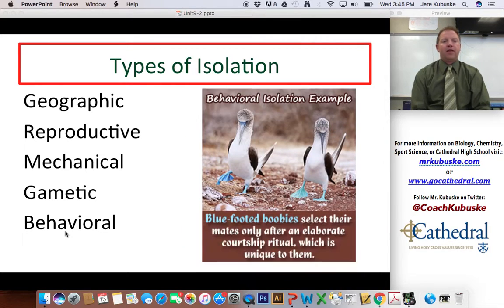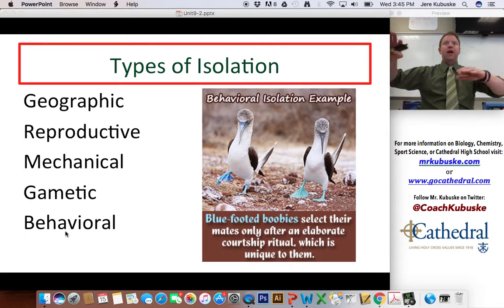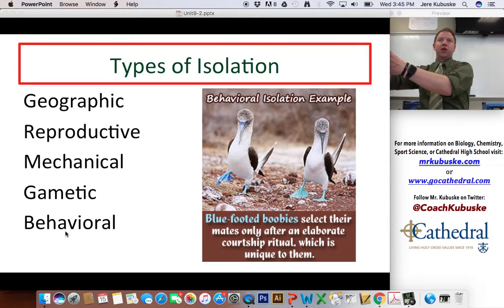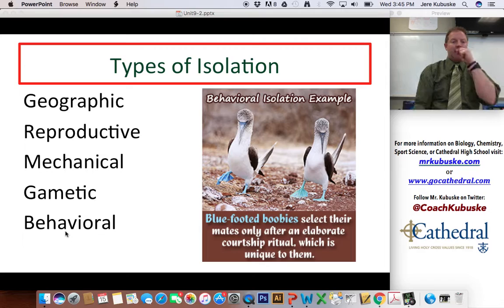And then the last one is behavioral isolation, and this is the idea that your species may have a mating ritual that you have to do in order to impress a mate or in order to get a mate at all, and those different behaviors guide who you can mate with, and then that would create two different species because, again, you're only mating with, in this case, the birds that do that mating dance or don't do that mating dance, okay?